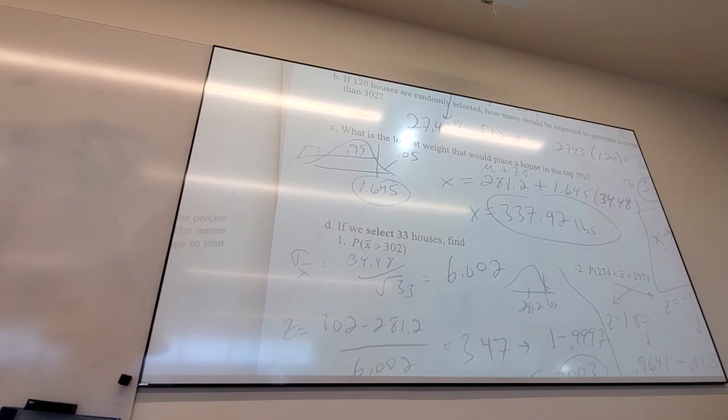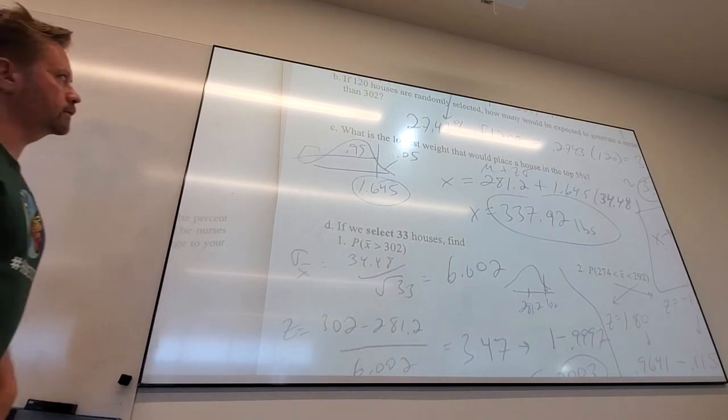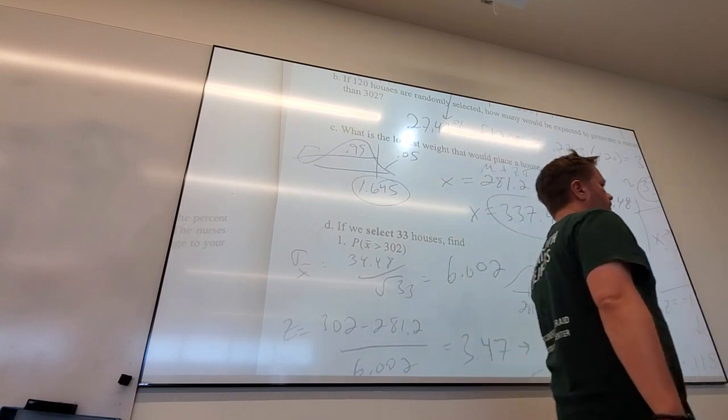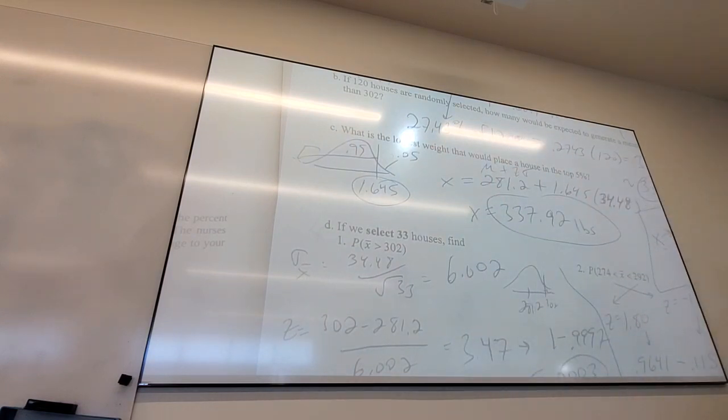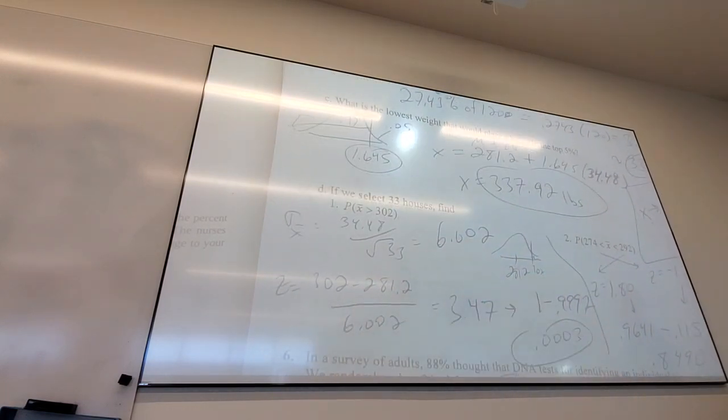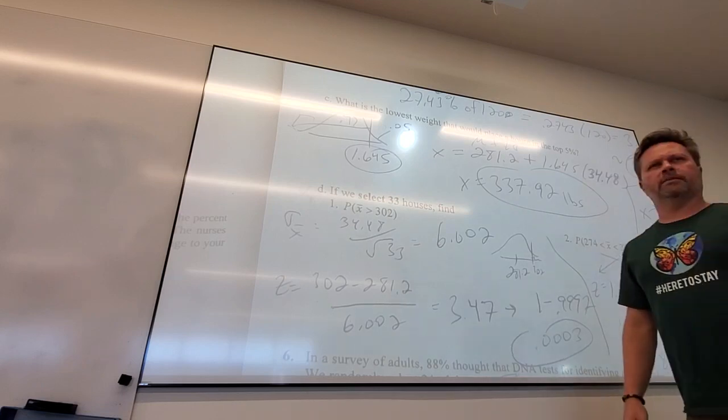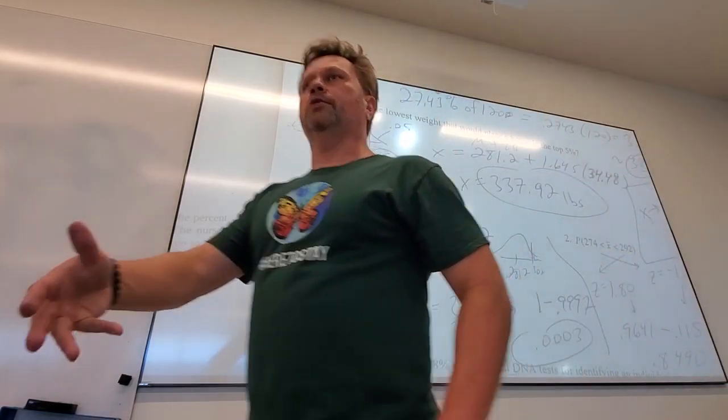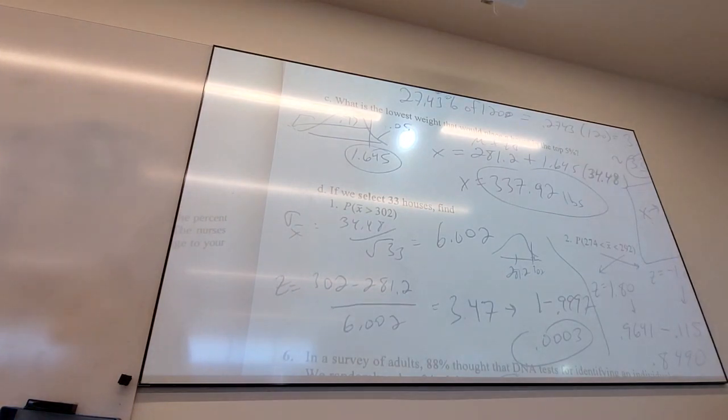So if I can convert x to z, I can convert z to x. That one's on the formula sheet, but I could also do z equals, and then solve for x if you want. But mu plus z sigma is algebraically already solved, so I don't have to do it every time. I've done it once.